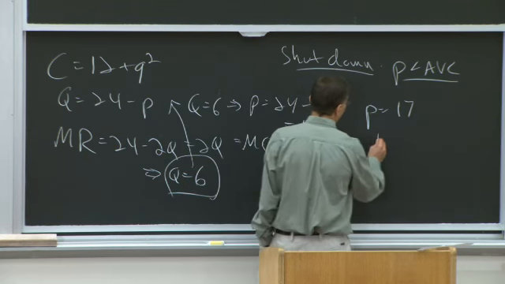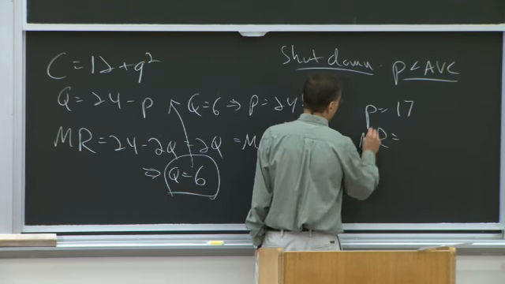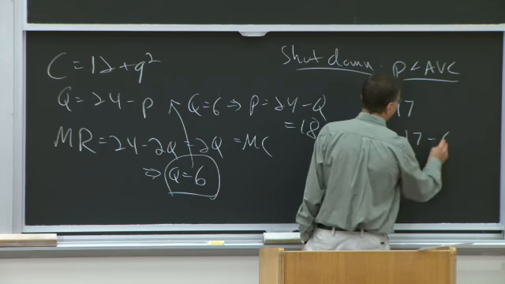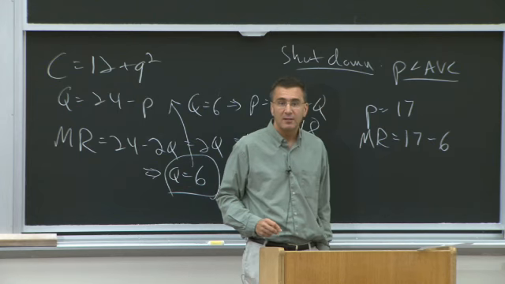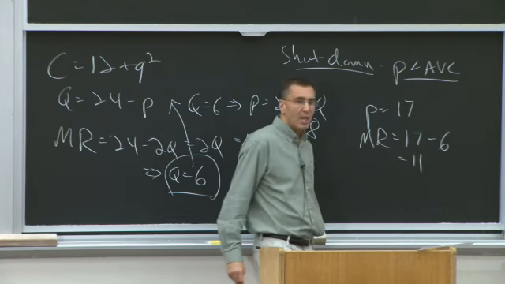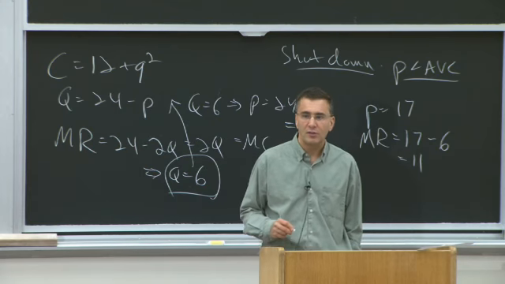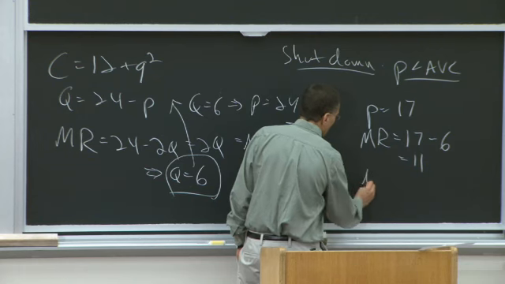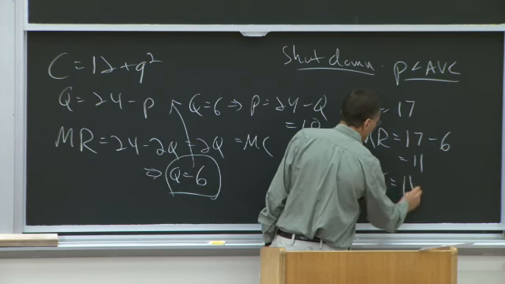So what would be their marginal revenue? Well, they make 17 minus the 6 poisoning effect, so marginal revenue equals 11. What's their marginal cost? Their marginal cost is 2Q, so marginal cost is 14.